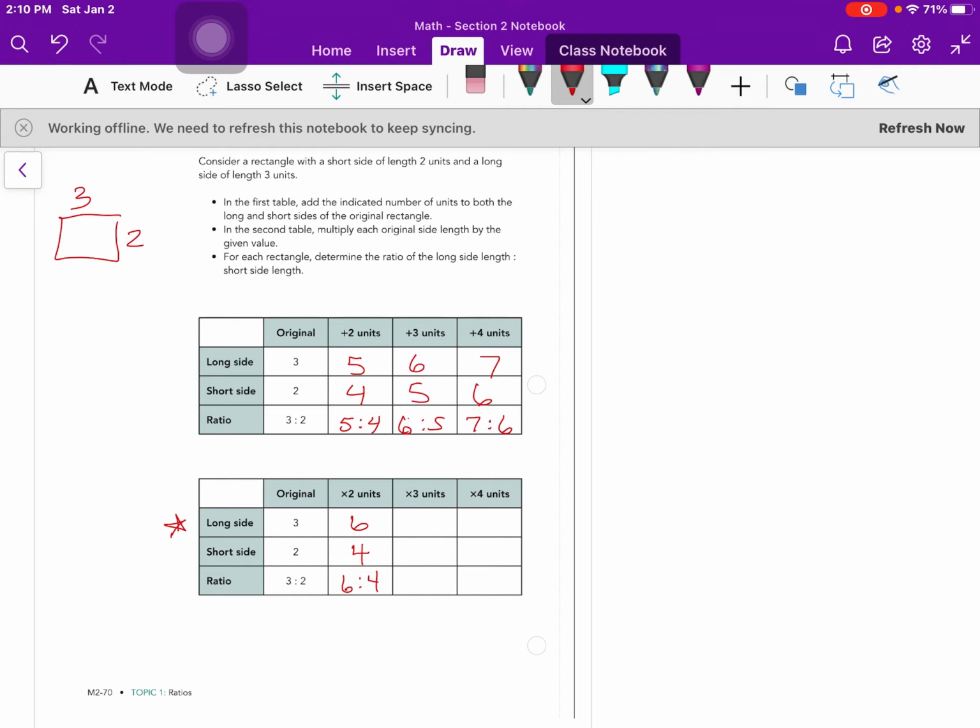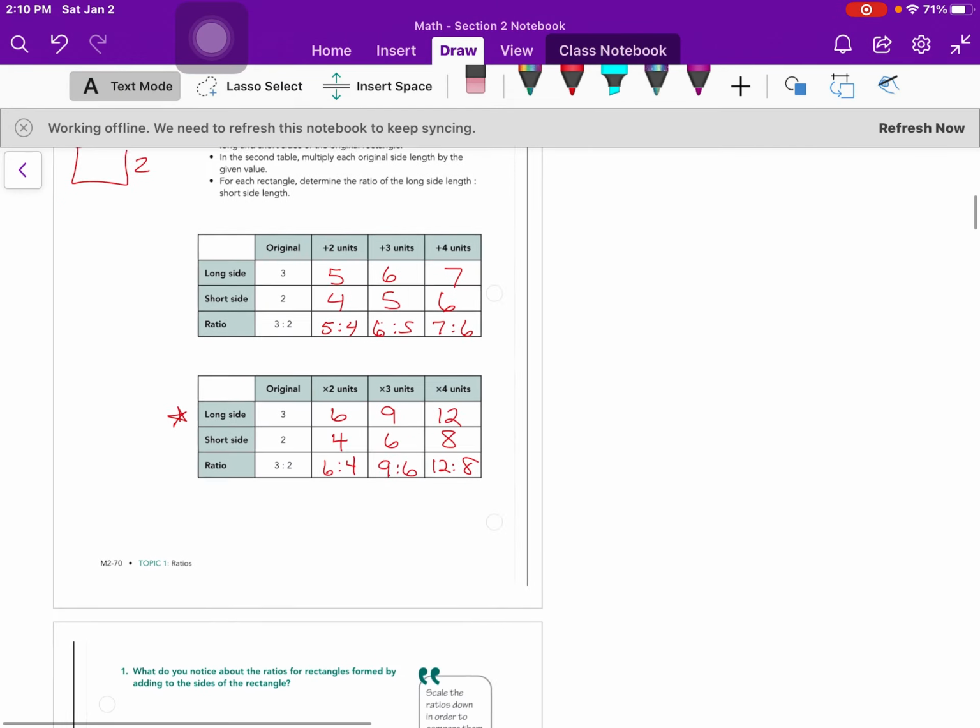Down here, when we're multiplying, if we times it by 3, we would get 9, and 6. Ratio of 9 to 6. And if we times it by 4, we'd get 12 and 8. Ratio of 12 to 8. All right, so we were able to get our tables figured out.